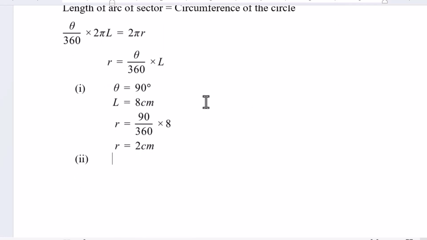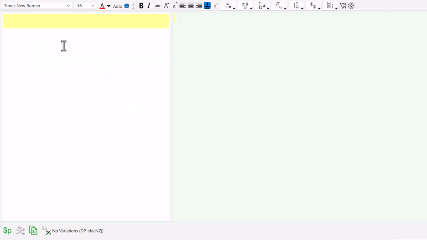If I go to Roman figure 2, using Pythagoras rule. And what is Pythagoras rule? The hypotenuse squared... but I'll just use our own case here. The hypotenuse is the slant height. So the slant height squared is equal to the sum of the squares of the other two sides.